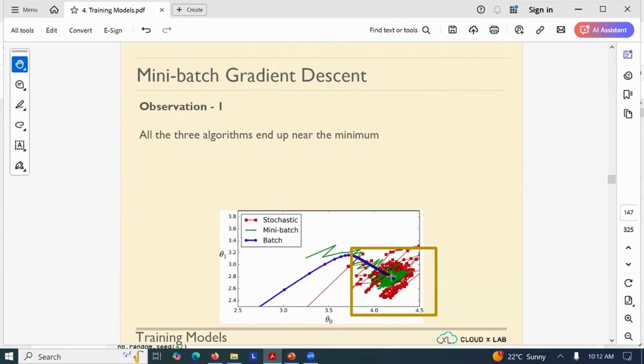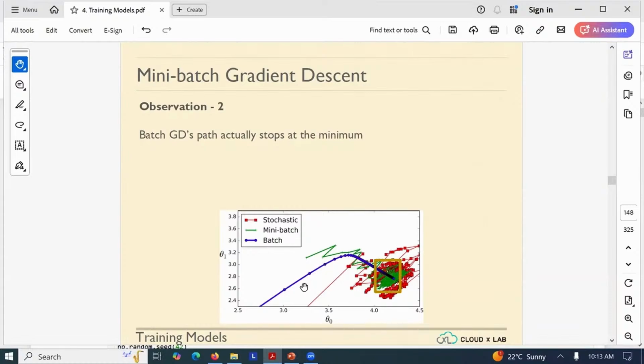So this position you have reached after convergence, right? The second observation is that the batch gradient descent path actually stops at the minima. As you can see, you start from this position and you stop exactly at the minima position, right?